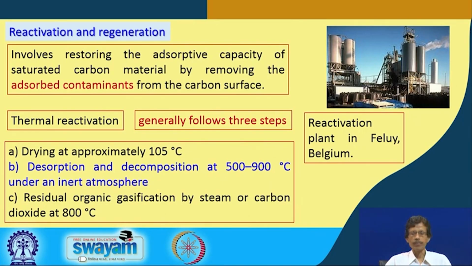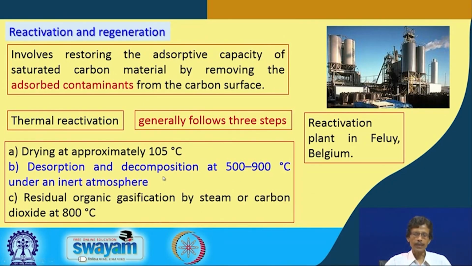At a temperature in the range of 500 to 900 degrees centigrade under an inert atmosphere, we get desorption and decomposition of the compound. Clearly look at this point: we are looking for desorption of, say, methylene blue molecules from that surface.